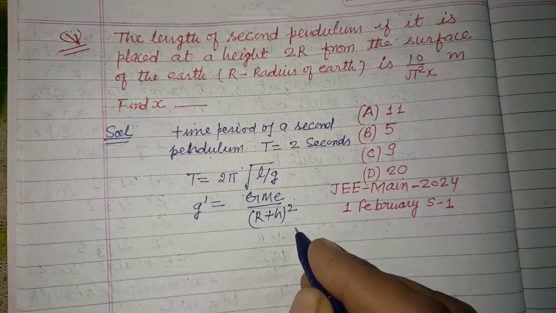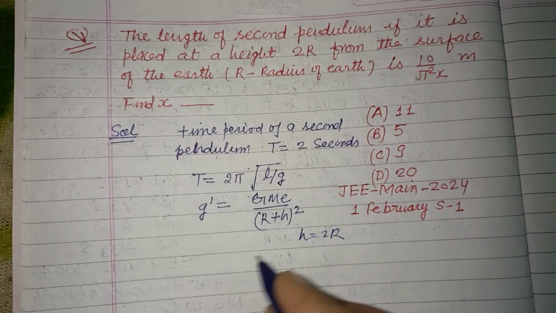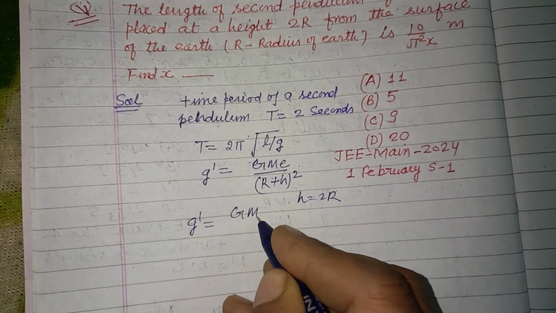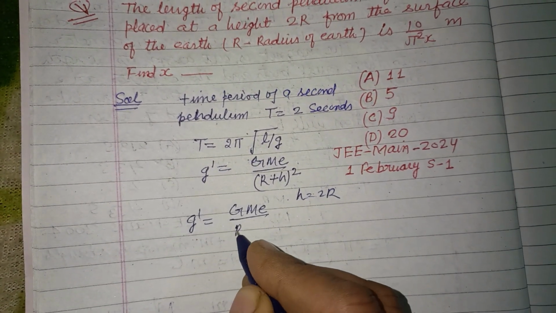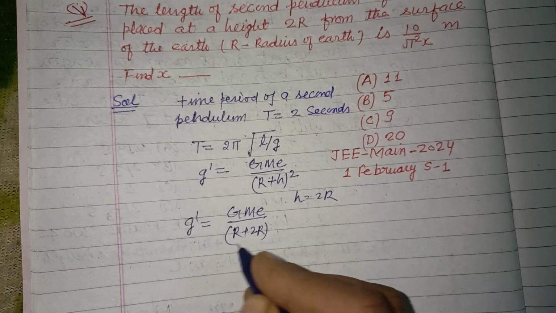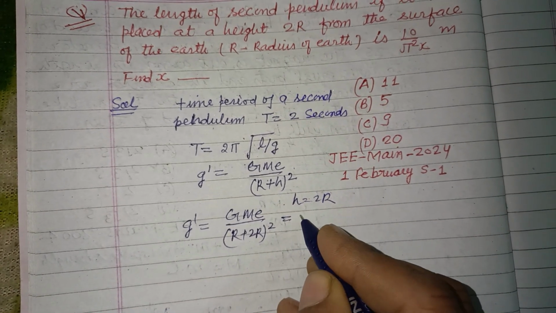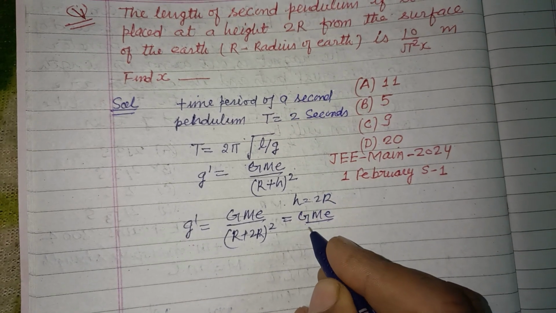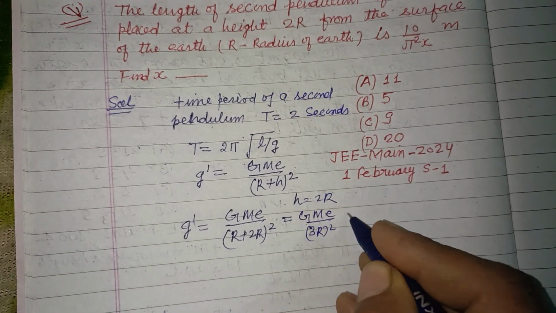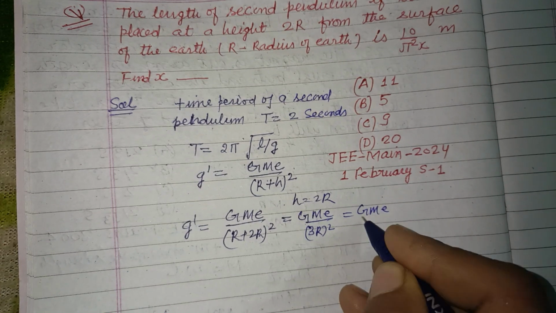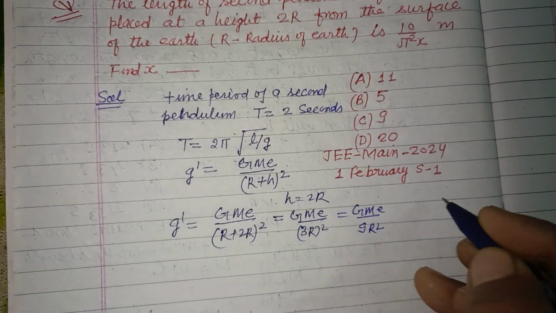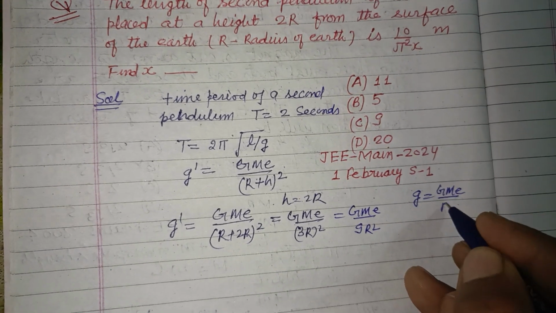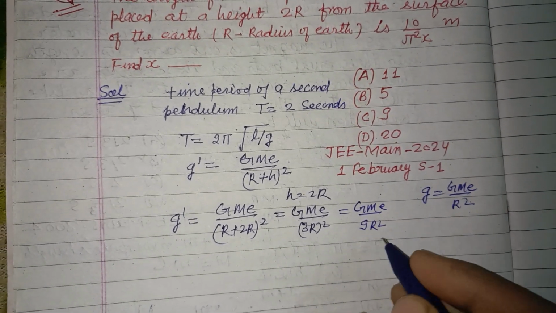Here h is given to us as 2r, therefore g dash equal to GM_E over (r plus 2r) whole square, GM_E upon (3r) whole square, GM_E over 9r square, and you know that g equal to GM_E upon r square at the surface of the earth.